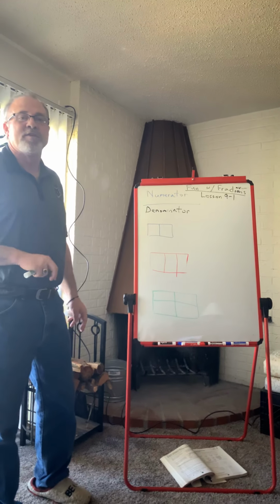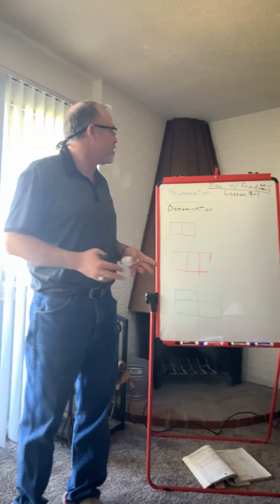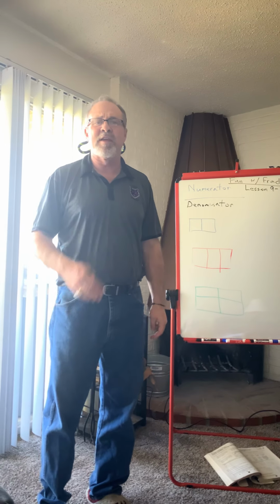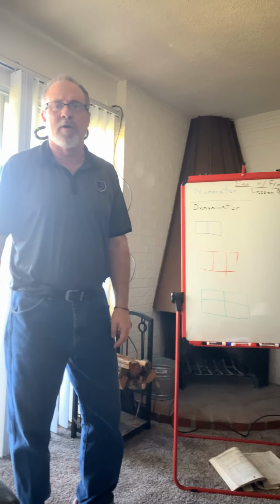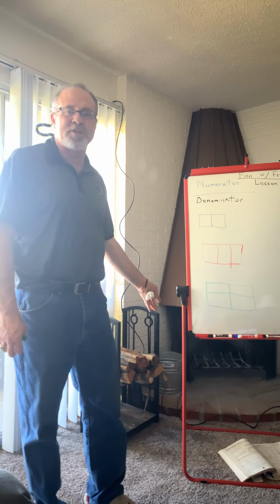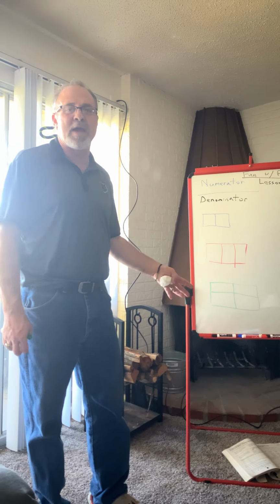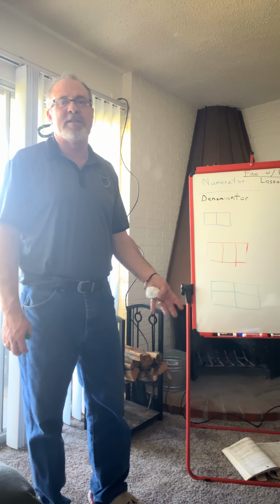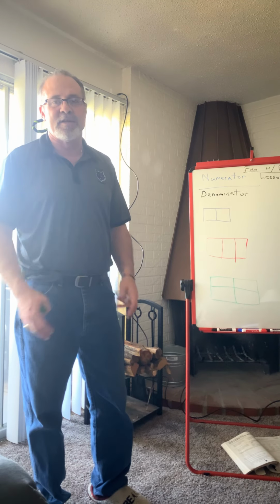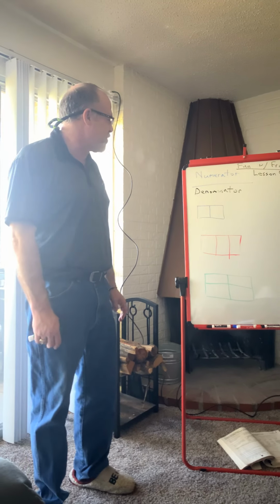So on lesson 9-1, you have a lot of fractions there, and they're giving you the names. I'm going to go ahead and cover the first three fractions, and the rest of them you can take a look at and see how they are called afterwards. So let's do the first one.